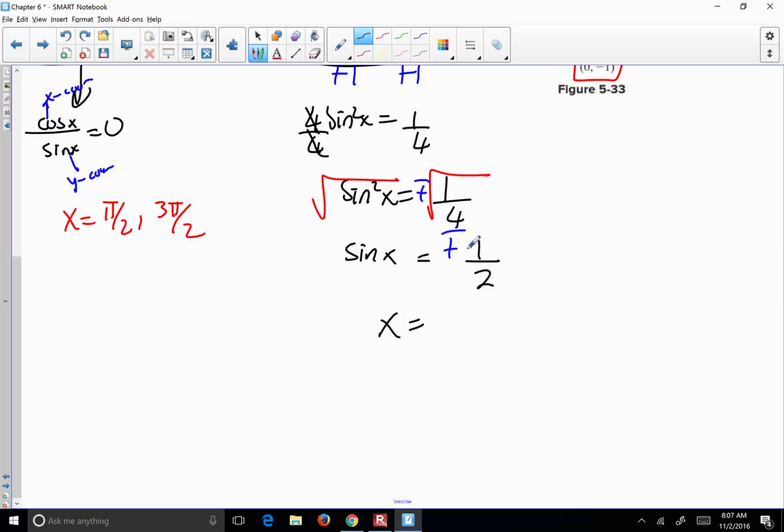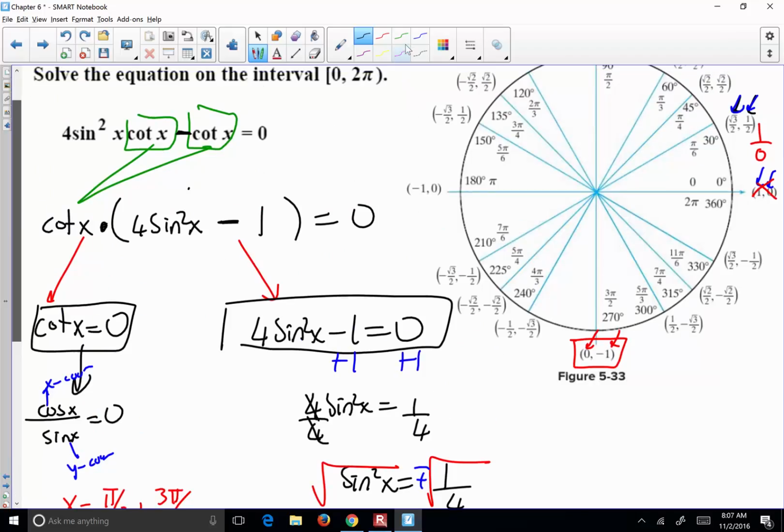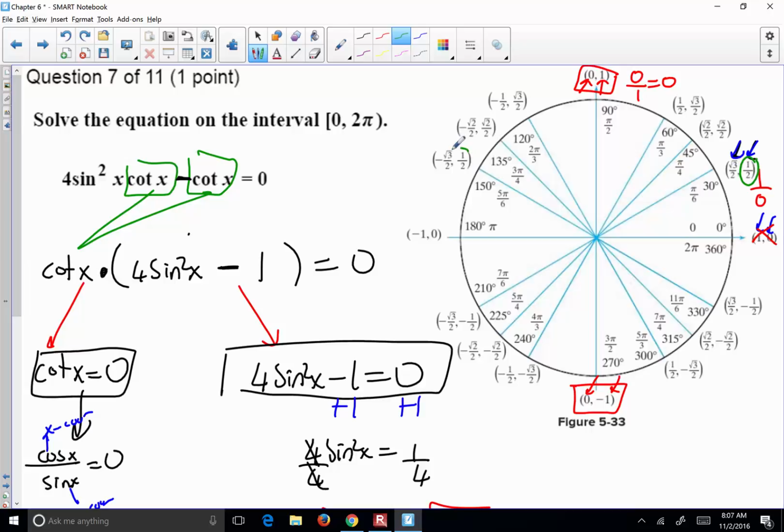Collect all points with x coordinates, either negative 1/2 or positive 1/2. There should be 4 of them. What y coordinates make 1 over 2 or minus 1 over 2? I think this one, 1 over 2. I think this one, 1 over 2. Negative 1 over 2. Negative 1 over 2.